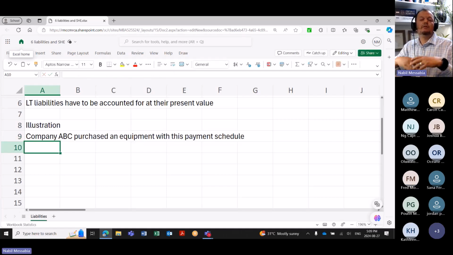Okay, and here we can imagine many kinds of payment schedules, and we are going to imagine scenarios that are helpful for you to familiarize yourself with the present value calculation.